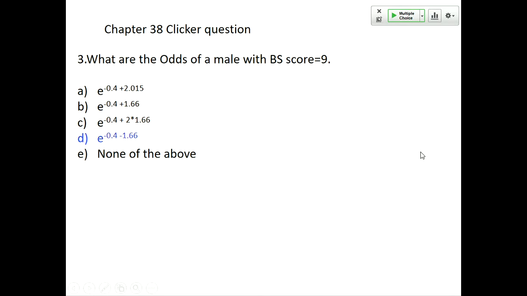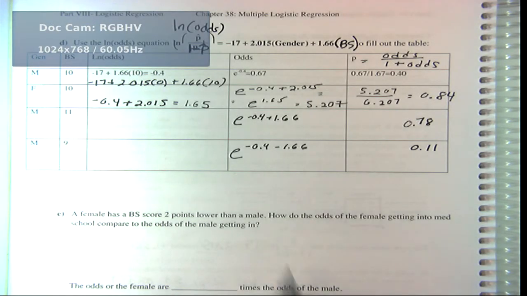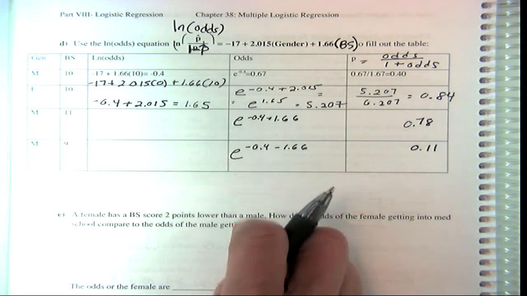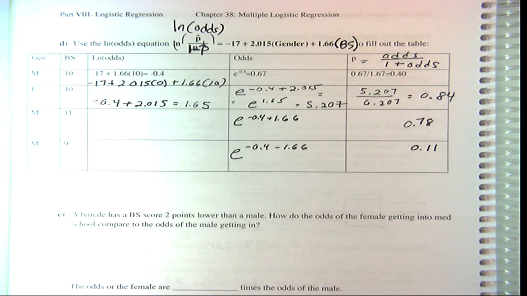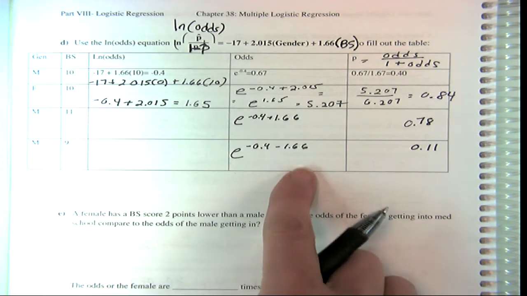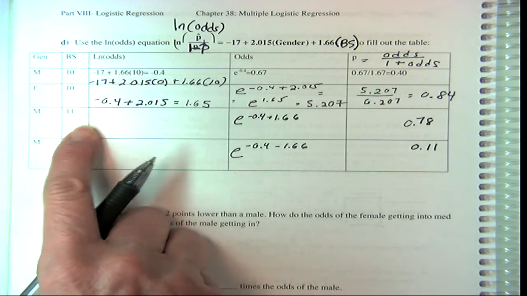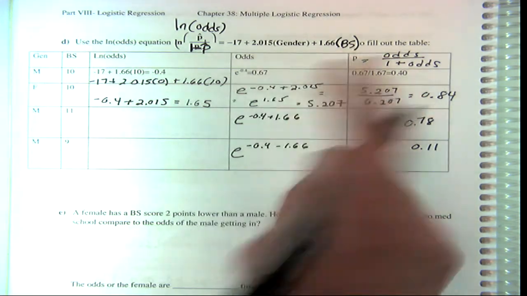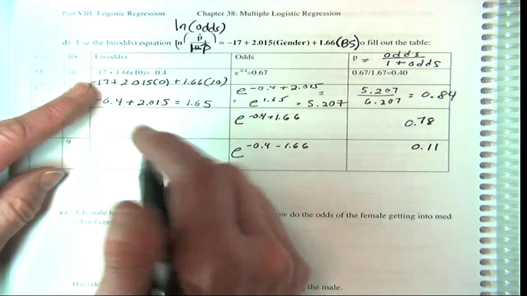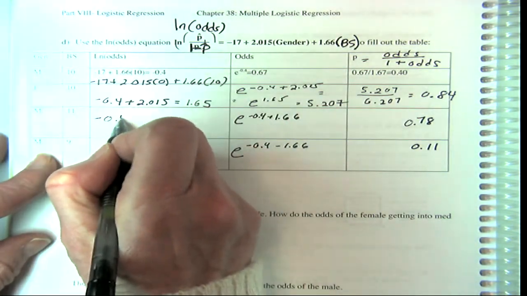Okay. All right, so let's go back to the document camera and we can fill that in here. And here you can just put in the appropriate value, or you can look at this one, the 0.4, and say this one's negative 0.4.